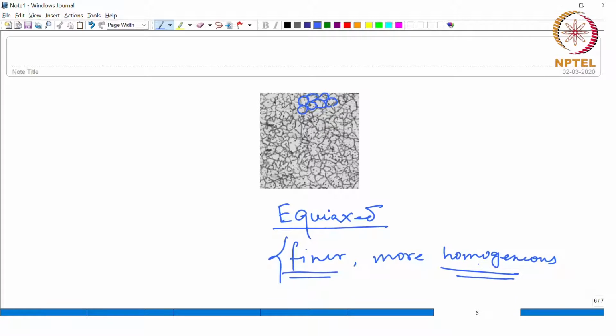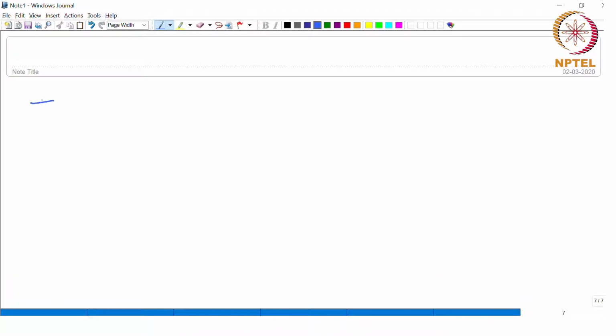Okay. Right. So, our objective is to have this kind of uniform microstructure, which will also give you microstructural homogeneity in terms of the chemistry as well, right.